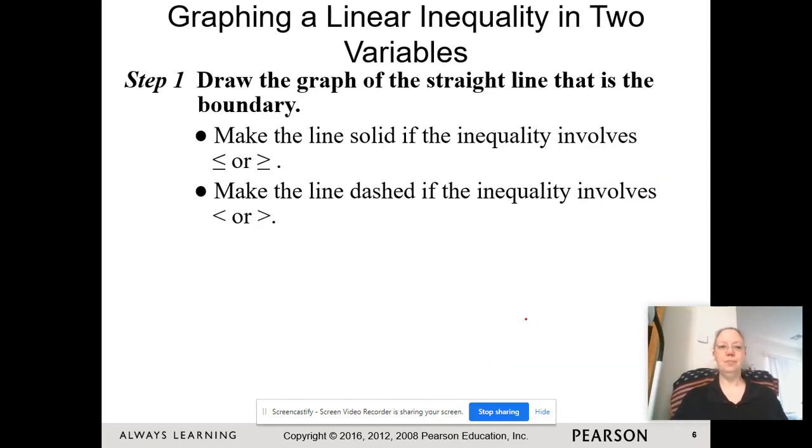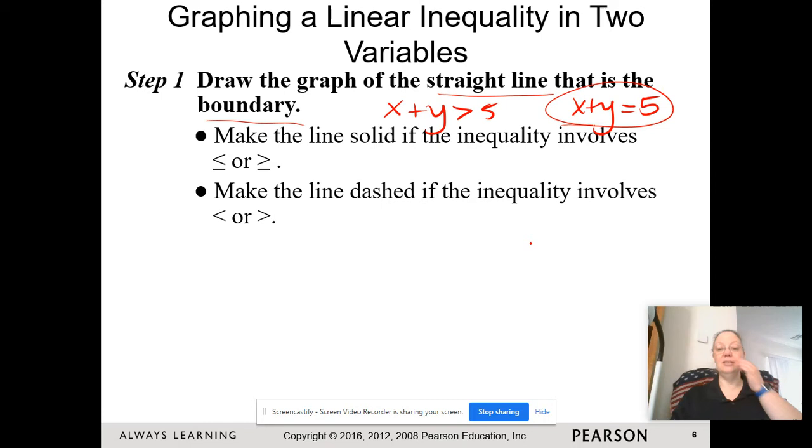All right, so the first thing you're going to do is draw the boundary. That is the straight line that would be the equation if we had one. So going back to x plus y greater than 5, to get the boundary, remember the boundary was x plus y equals 5.